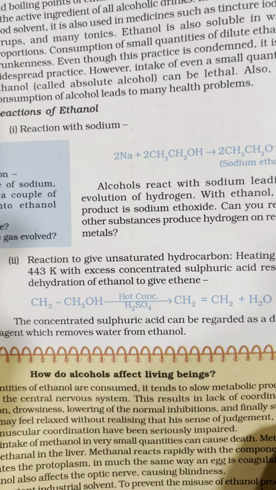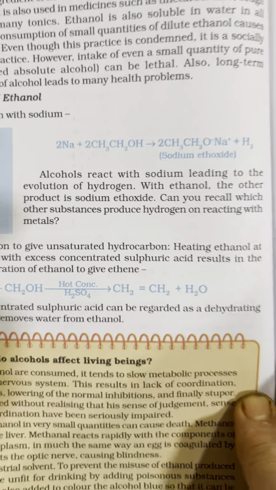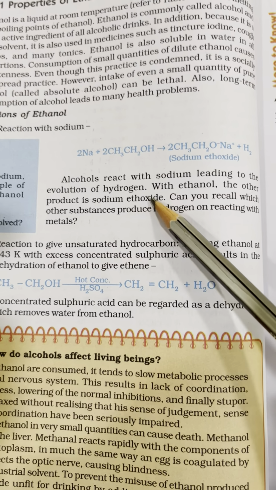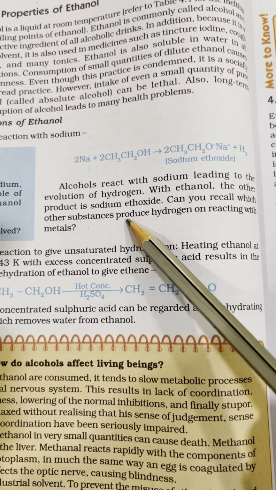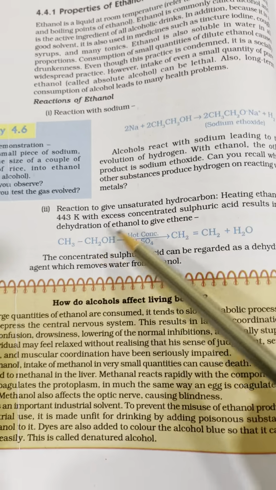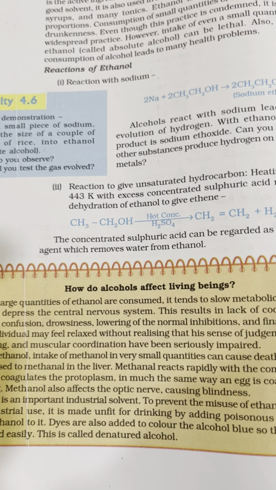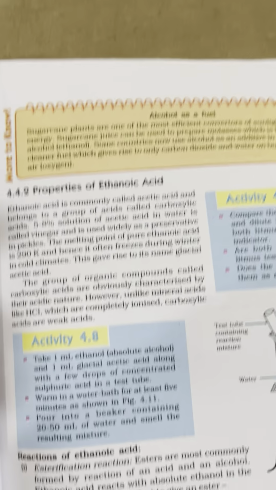Reactions of alcohol. Ethanol reaction with sodium: alcohol reacts with sodium leading to the evolution of H2 with ethanol. The other product is sodium ethoxide. You can see the second reaction. How do alcohols affect living beings? Then alcohol as a fuel.